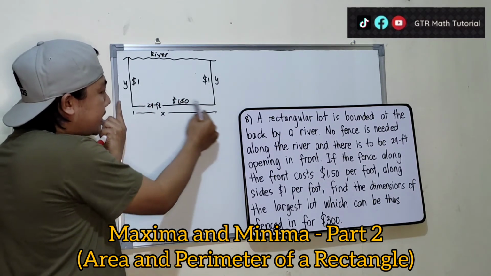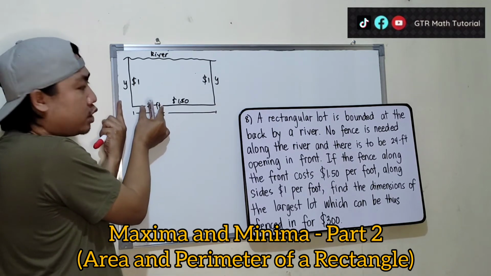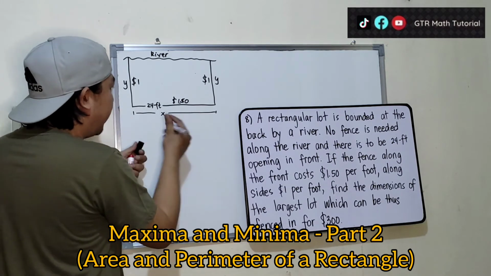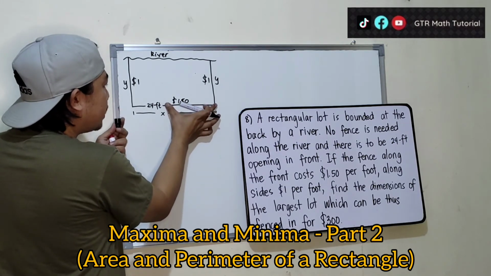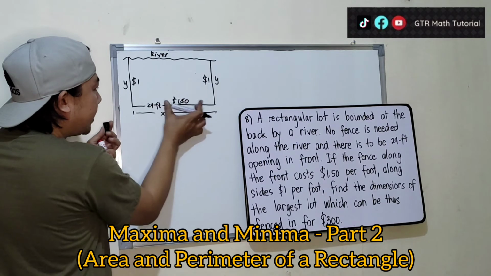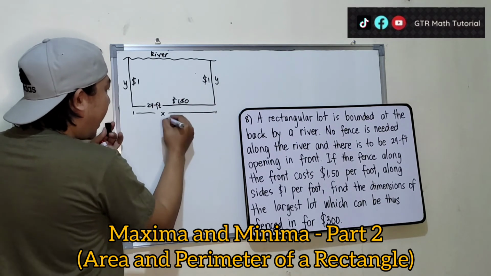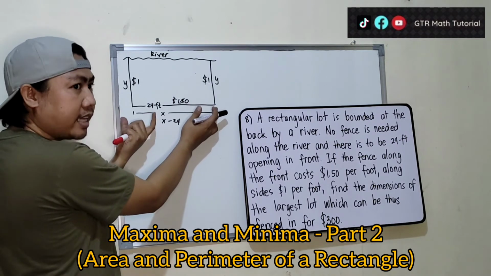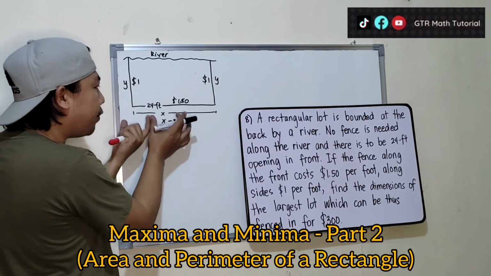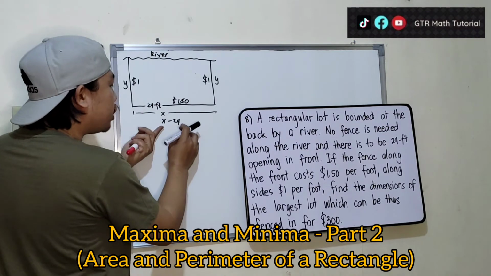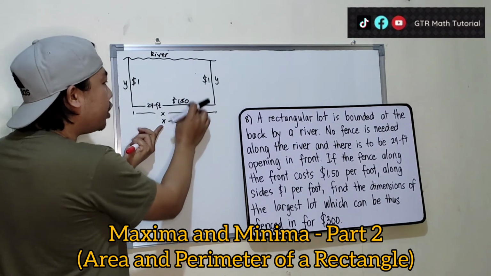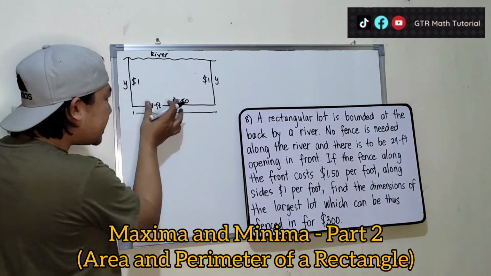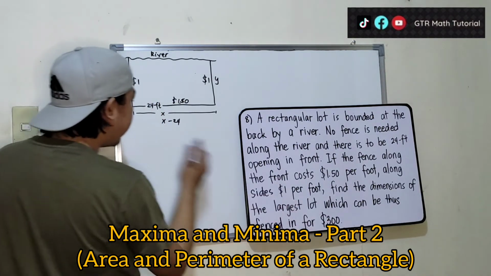So if this is x, we need to subtract the opening which is 24 feet. So the length of this part is x minus 24. The whole length is x, but there is an opening of 24 feet, so therefore the length is x minus 24. Then multiply by the cost. So therefore, the first formula is for the cost, the total cost is $300.